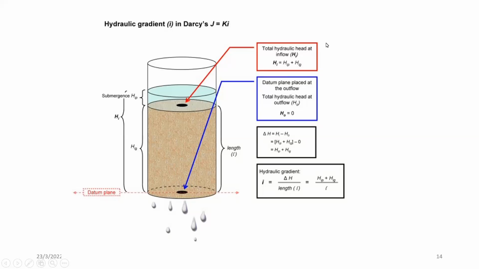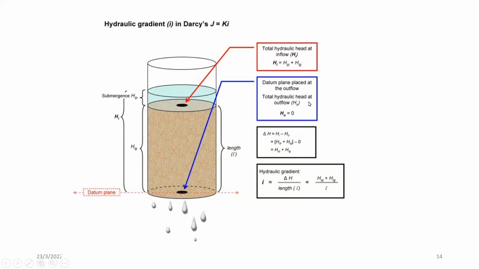So the total hydraulic head at inflow is equal to the head of water and the gravitational head. The difference in head: at the datum here, the pressure is equal to 0.